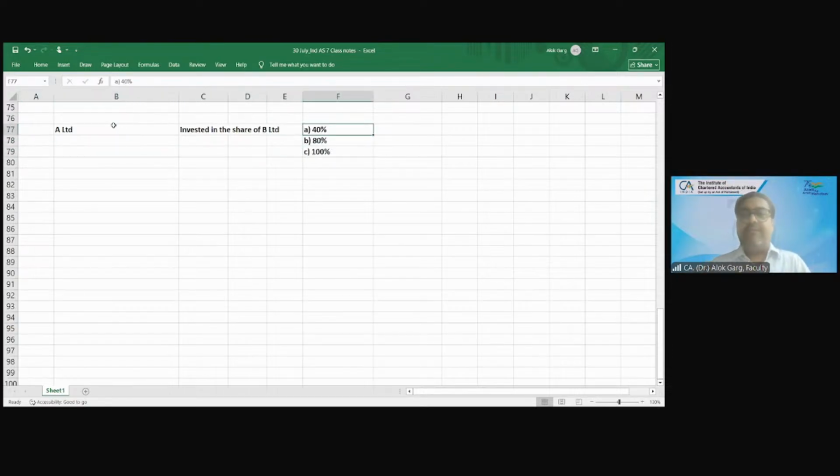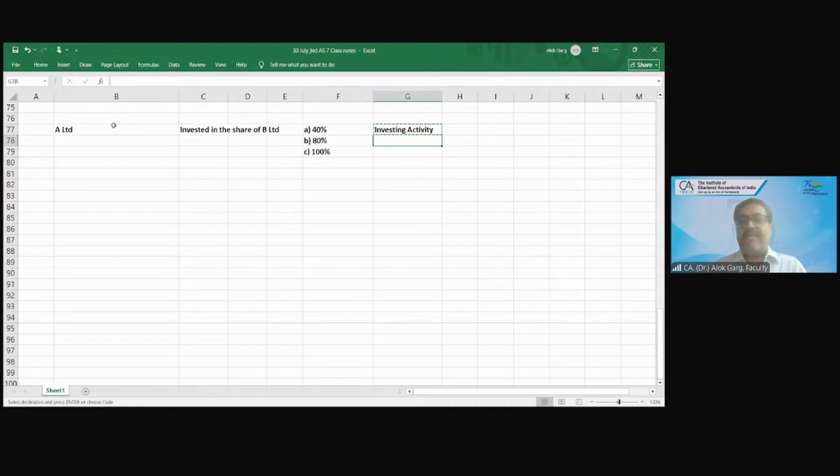Scenario A, 40%. When it is investing 40%, of course it is not a subsidiary. It is only an investment. Doesn't matter whether it is a subsidiary or not, the company has made the investment for the purpose of getting a return, for a dividend or for an increase in valuation. So this is an investing activity.